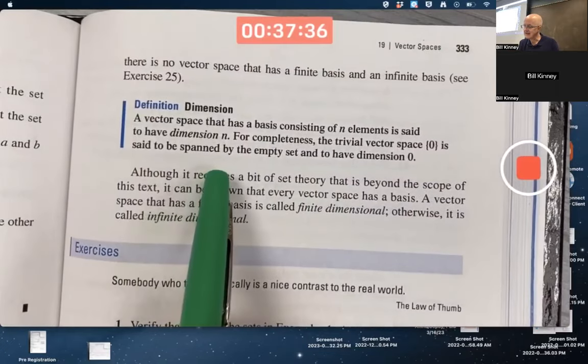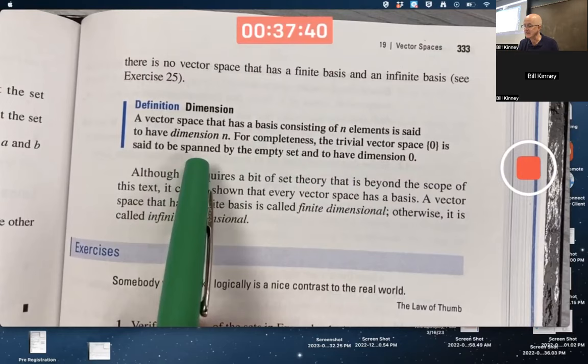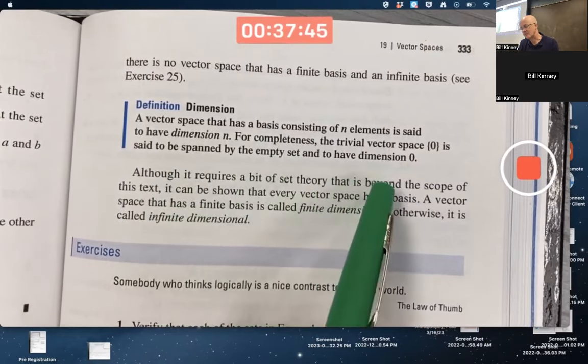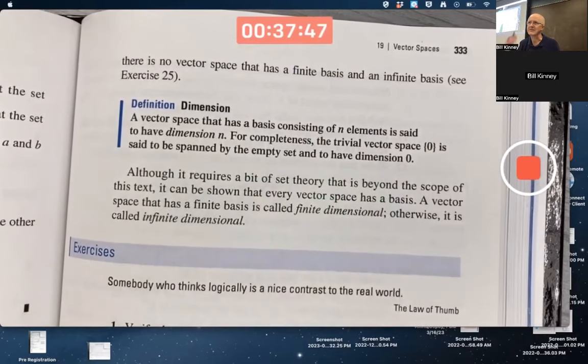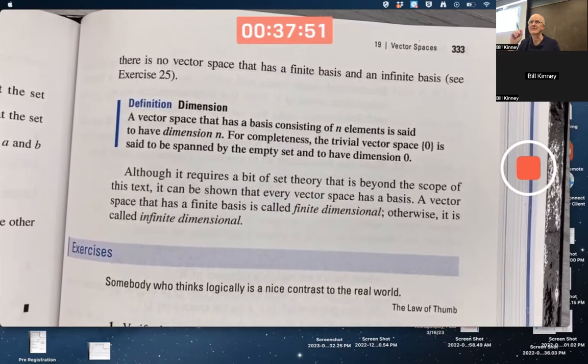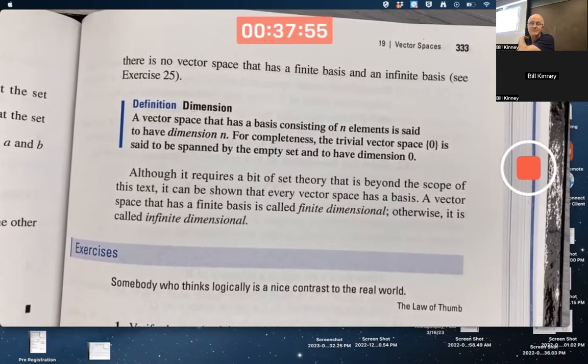A vector space that has a basis consisting of n elements is said to have dimension n. The trivial vector space is said to be spanned by the empty set and has dimension 0. Just a definition, because it kind of makes sense to call it dimension 0 because it's just a point is the idea. Doesn't have a basis, though. The trivial vector space does not have a basis.